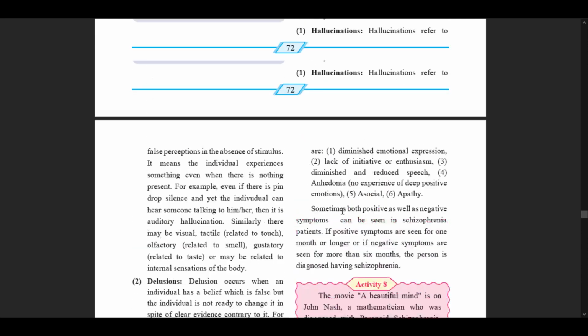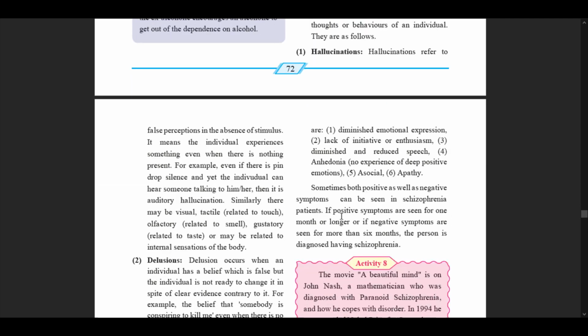They are diminished emotional expressions, lack of initiative or enthusiasm, diminished and reduced speech, anhedonia, no experience of deep positive emotions, asocial, and apathy. So we have six negative symptoms, where the first four are self-explanatory. The fifth and sixth are asocial and apathy.